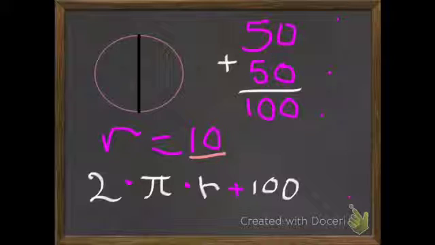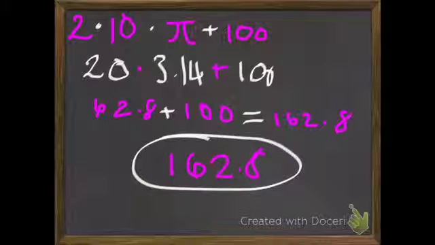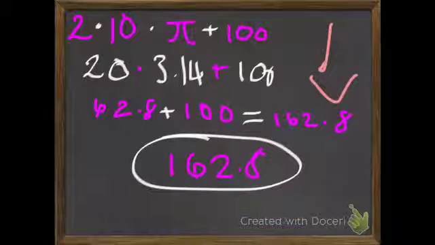And then 2 times pi times 10, plus 100. You get 20 times 3.14 plus 100. 62.8 plus 100, and you'll get 162.8. And the whole distance around the track will be 162.8 feet. Next.